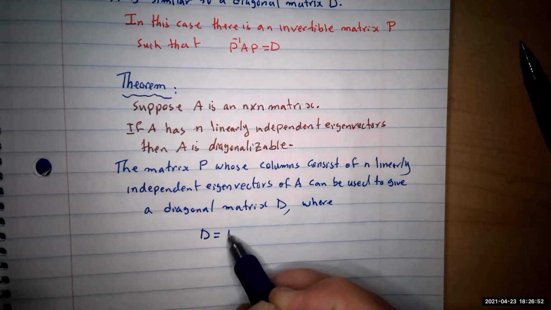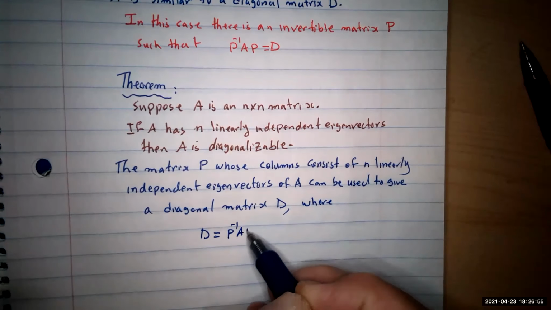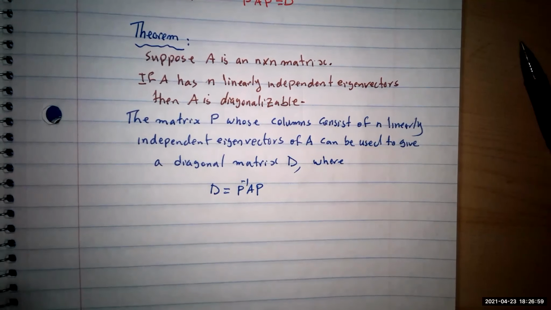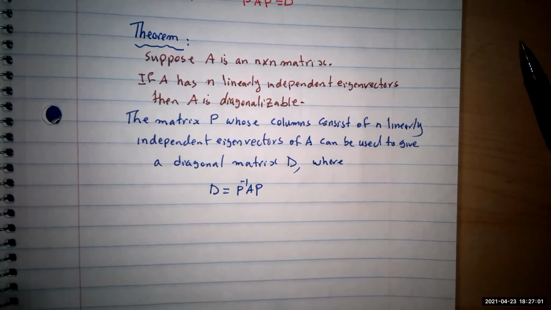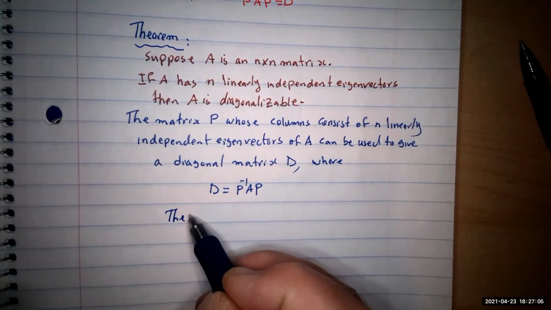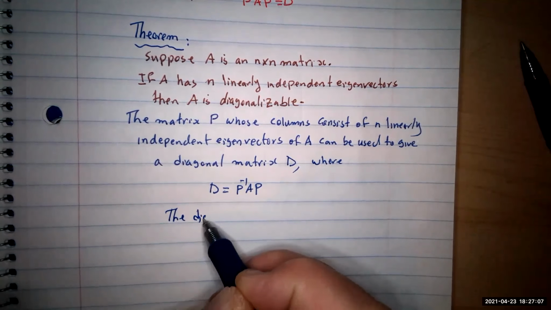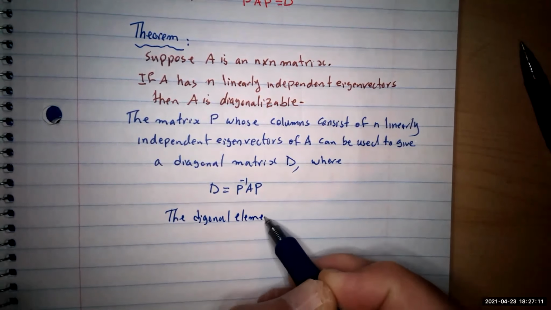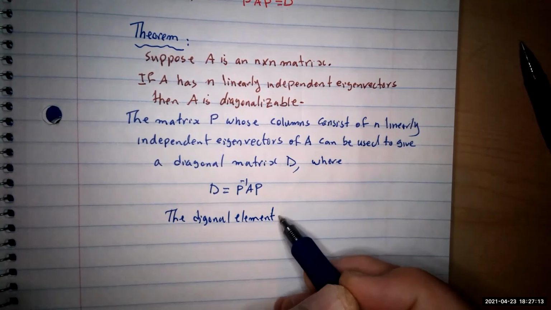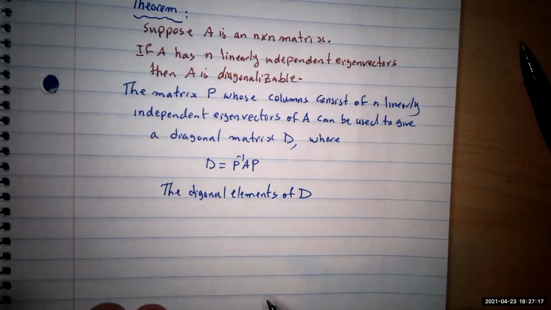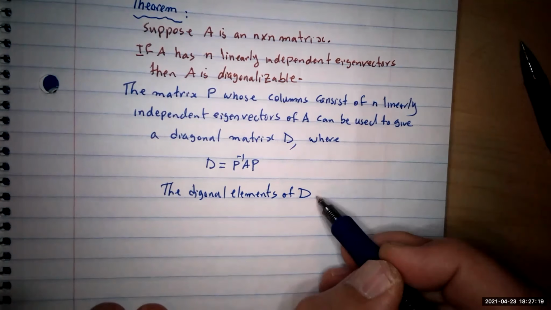D is equal to P inverse A P. This is how we form D. Then when we form it, we realize that the diagonal elements of D, all the members of the main diagonal, are eigenvalues of the matrix.